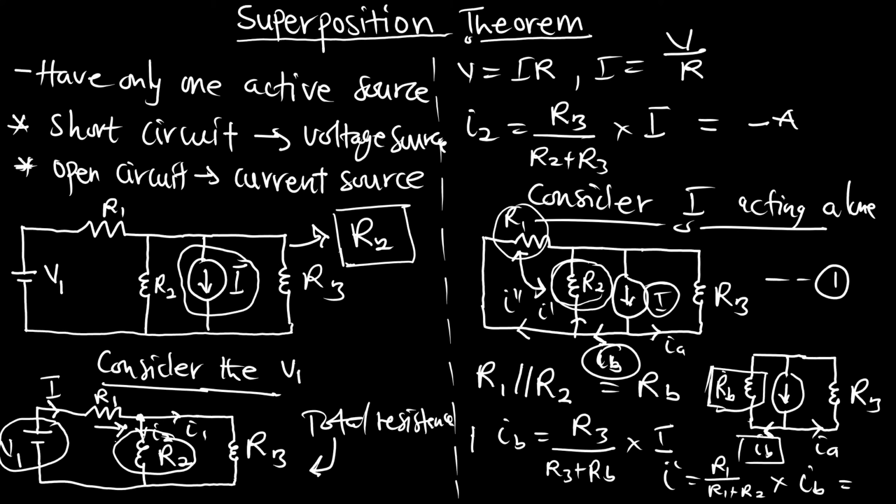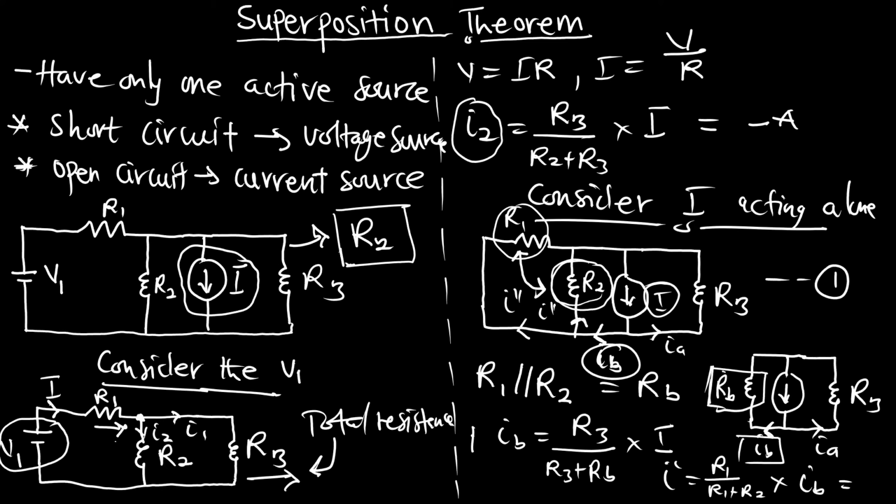Please take note, now we have two currents, I1 or I prime, and we also have I2. So what matters here is direction. From the first diagram, when we consider the V1 acting alone, you can see that your I2 is moving downwards.